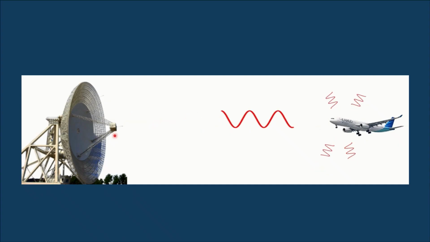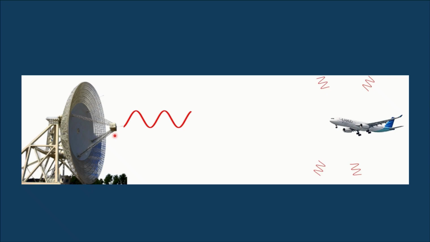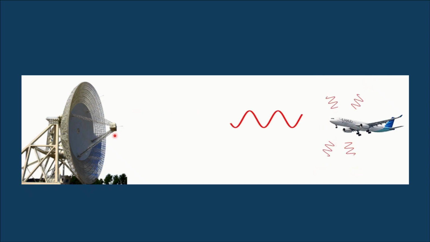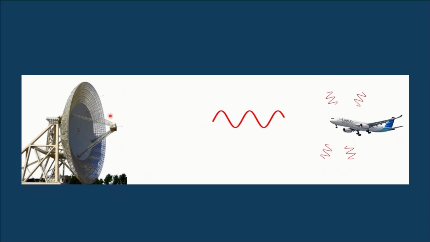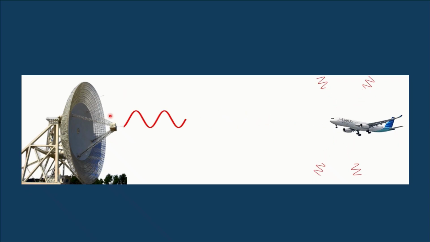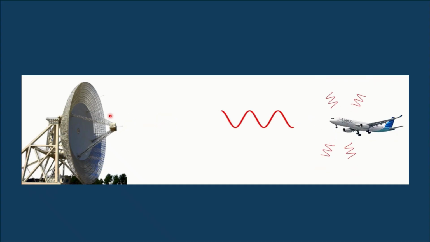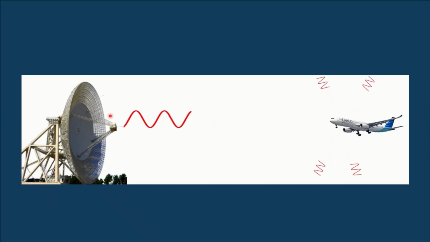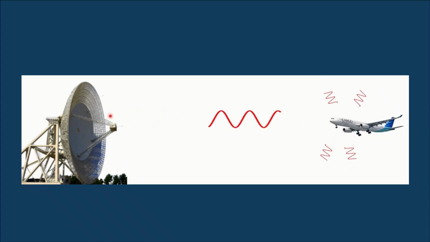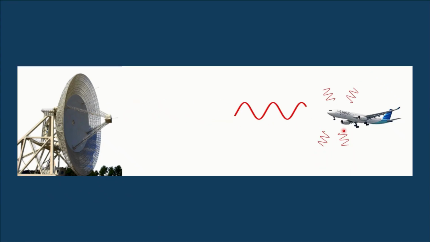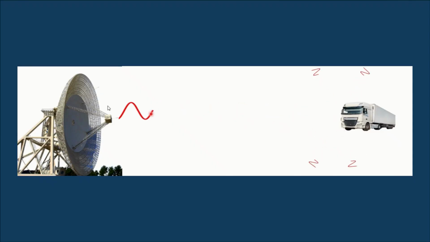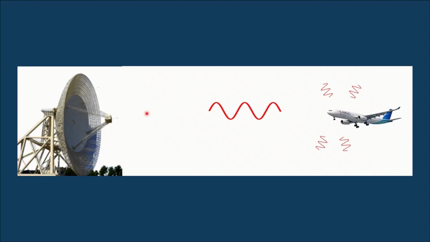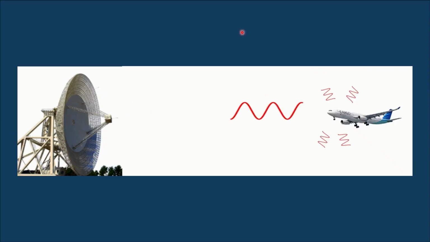The velocity is calculated based on the Doppler shift, and as this antenna is rotating, we know in which direction the waves are coming back, so it can also calculate the direction. That's how it calculates the range, velocity and direction of the targets. Based on the type of target, like a plane, car or truck, there will be a difference in the reflected signal power. This helps us to calculate the shape of the targets.